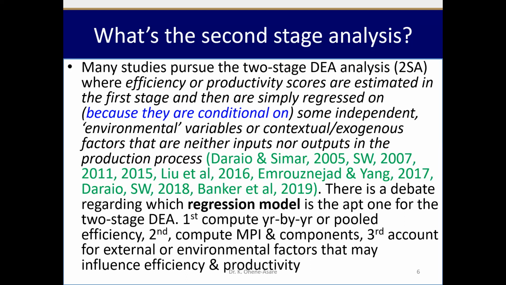So guys, when you always hear of the second stage analysis, the first stage is estimating the efficiency or the productivity scores, and the second stage is doing a regression, where these efficiency or productivity estimates, whether they were bootstrapped or not, are regressed on some covariates in the second stage.